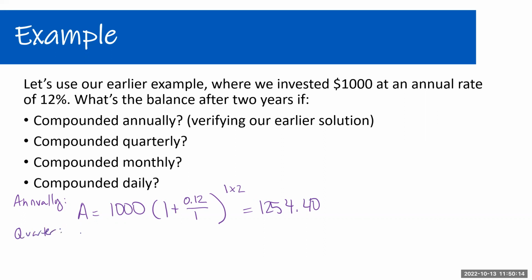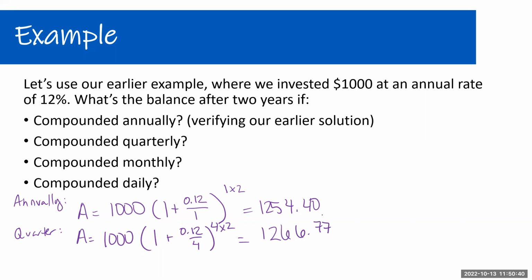Quarterly, we're going to do the same thing, have the same formula, except now it's going to be 4 times a year. So instead of being 1, we're going to replace that with 4. And it's still going to be 2 years. So we'll plug that in and we'll get 1266.77. So we see that annually we made 1254.